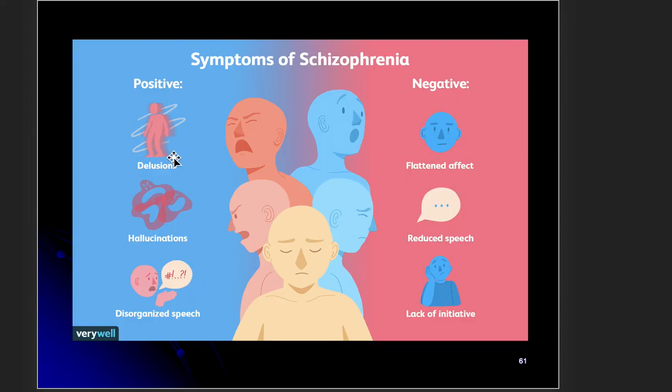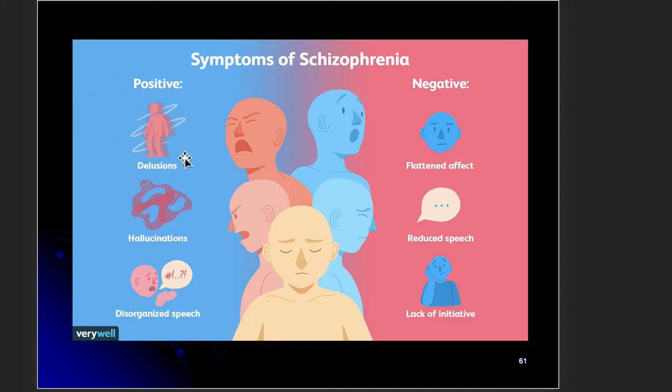Here there are delusions, hallucinations, disorganized speech, flattened affect. They seem blank, indifferent, poker face. Reduced speech, they no longer talk much, lack of initiative.